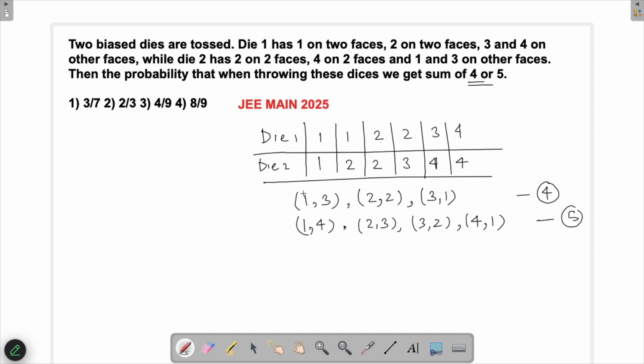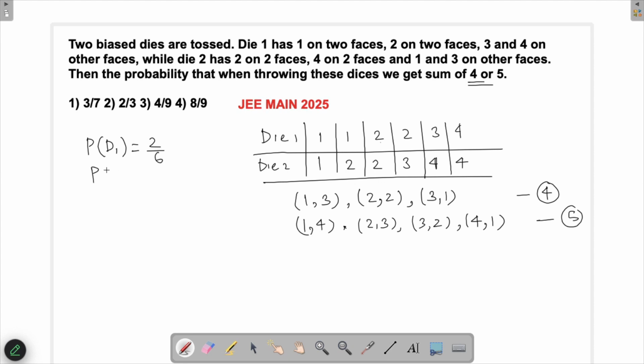As you can see, throwing the first die and the second die are independent events. So we have to find the probability of getting a 1 on the first die and then the probability of getting a 3 on the second die, and so on. We can write this down here. The probability of getting a 1 on die 1 is 2 upon 6, we'll just leave it at that.